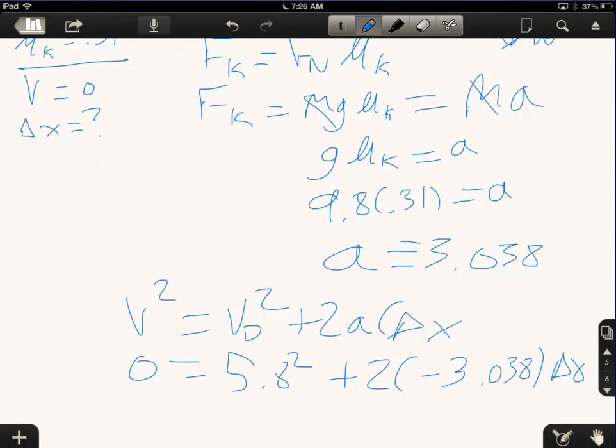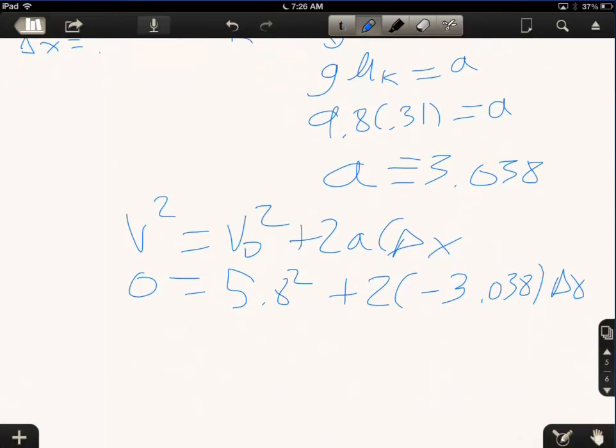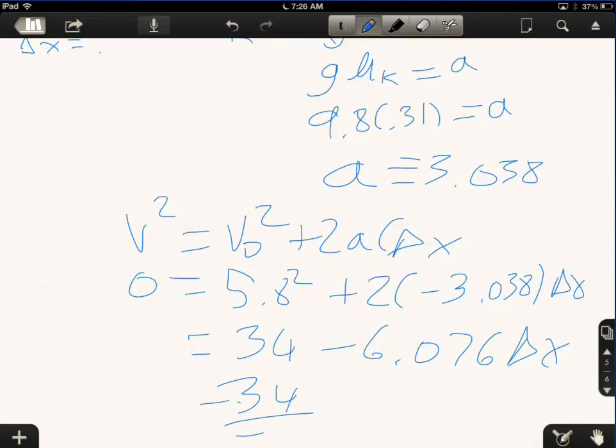So 5.8 squared is what? Right around 34-ish. So this is about 34 minus 6.076 delta x. So negative 34 divided by negative 6 is about 5.8, and I'm just estimating here.